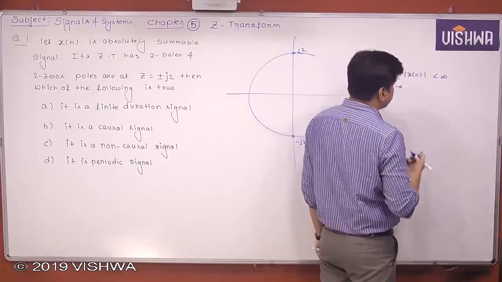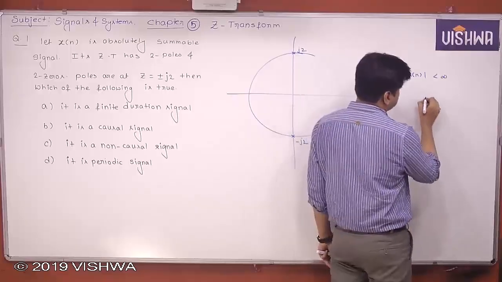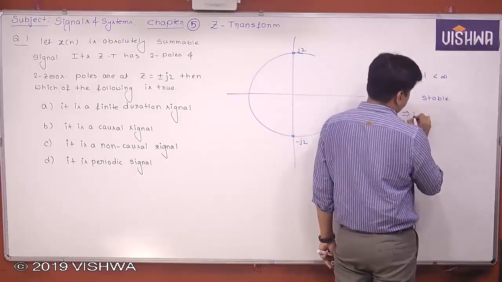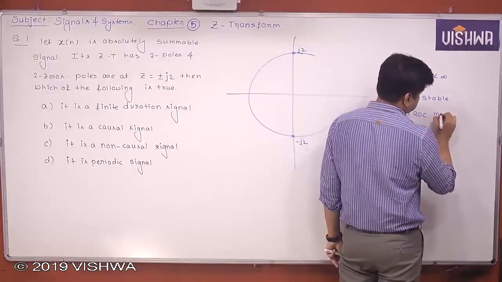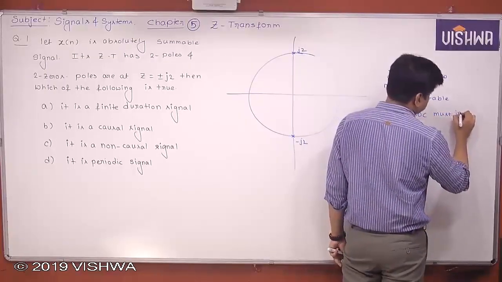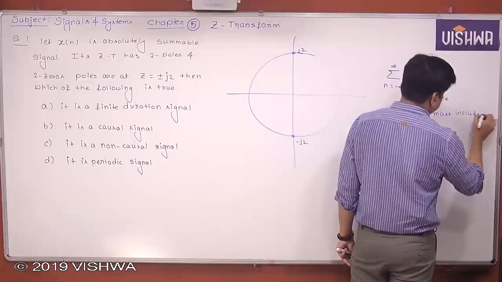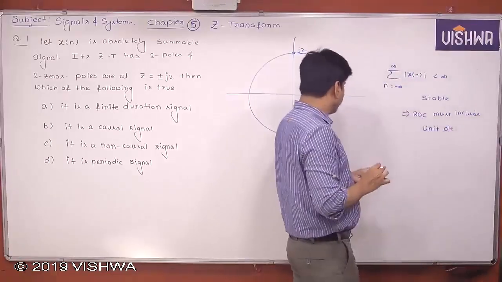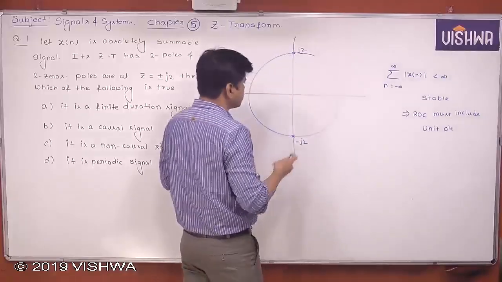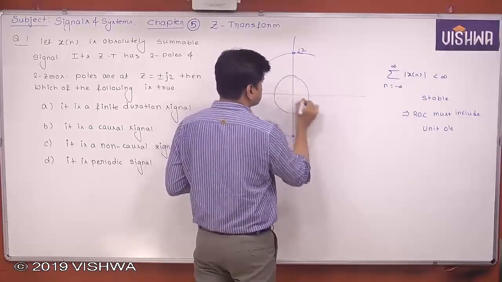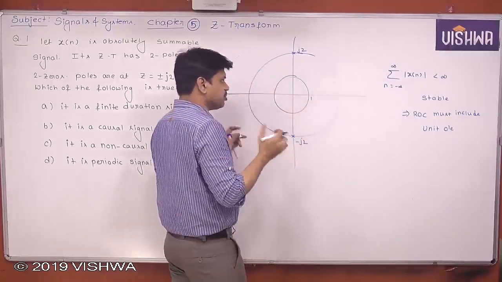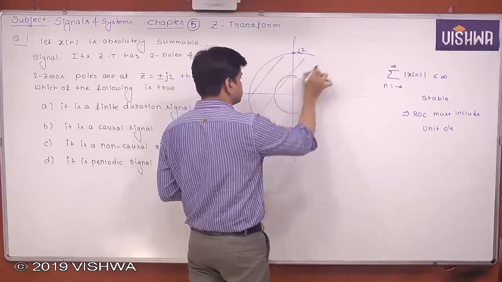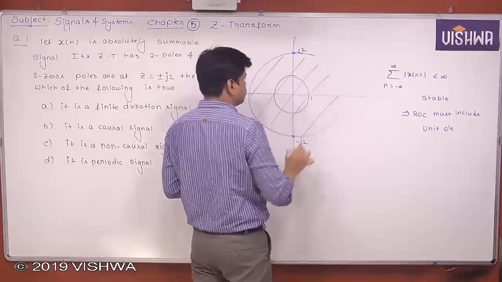If it is stable, that implies ROC must include the unit circle. This is the unit circle, so the ROC must be like this. This is the ROC we have to consider.